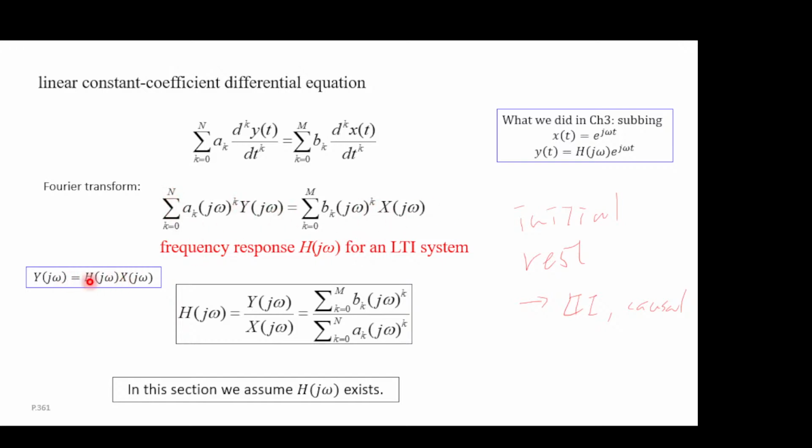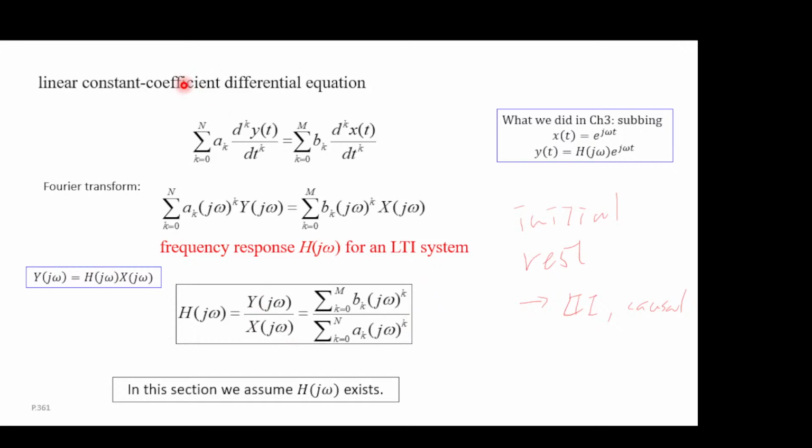We want to know what big H is. Big H should be big Y divided by big X, so we divide by big X and move the a_k terms to the other side. So big Y divided by big X, which equals big H, is the sum of b_k (j omega) to the k over the sum of a_k (j omega) to the k. So basically you can calculate your big H directly from this equation.